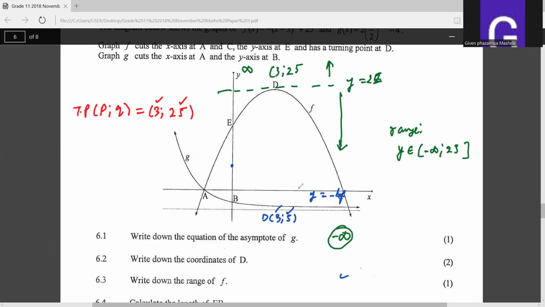We include 25. Or we can say y is less than or equal to 25, anything below 25. That is the range.